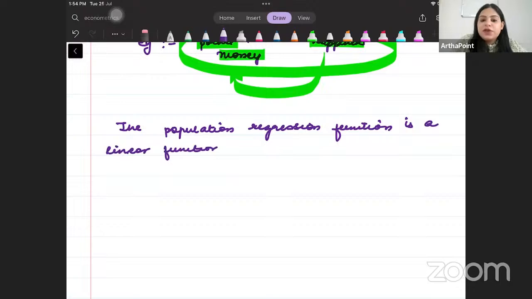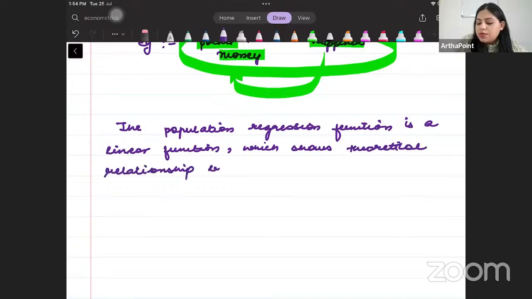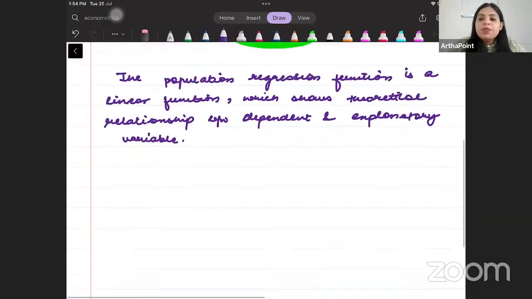So it is a linear function which shows the theoretical relationship between dependent and explanatory variable.